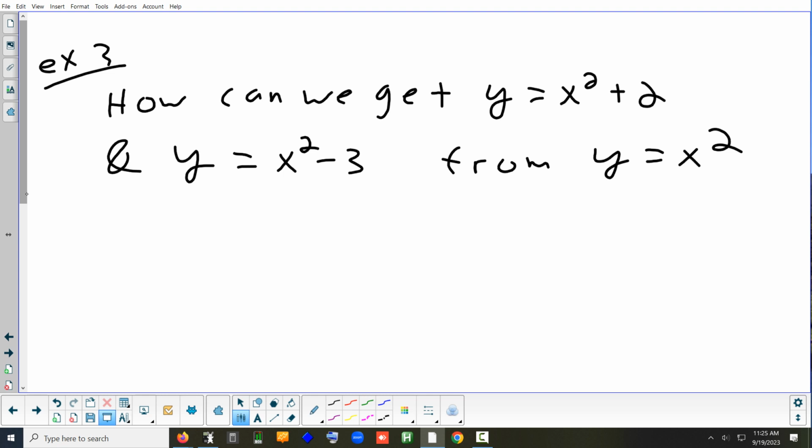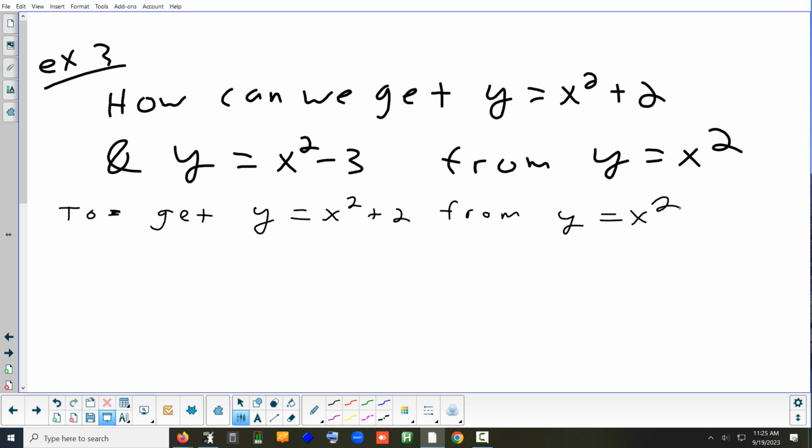So what are they looking for here? To get y equals x squared plus 2 from the original, just write down what you would do. Shift up 2. And same thing for the next one.